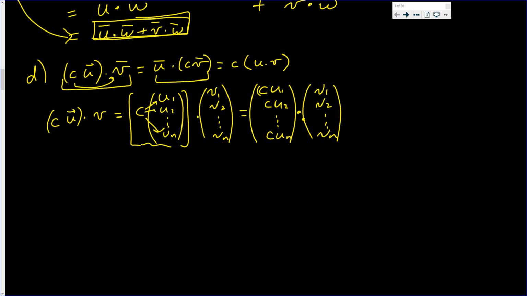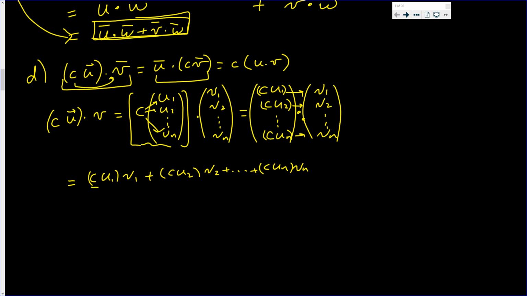Now let's think of those as one number. So we multiply those two, and we get cu1 times v1, plus multiply those two, you get cu2 times v2, all the way down to that product, cu sub n times v sub n.